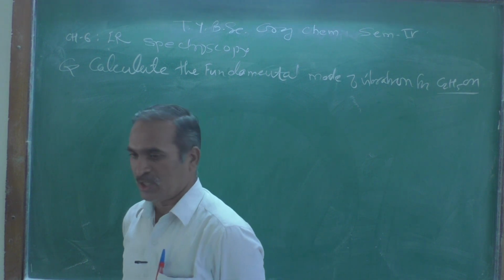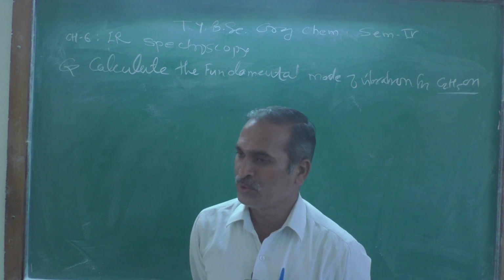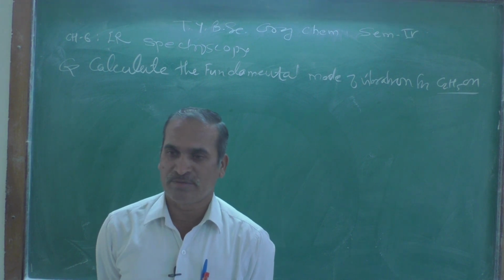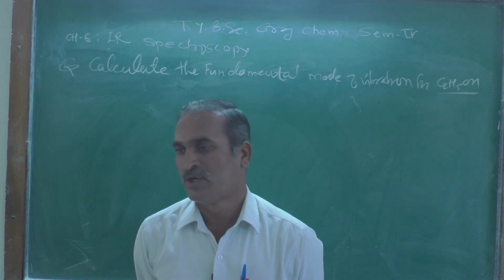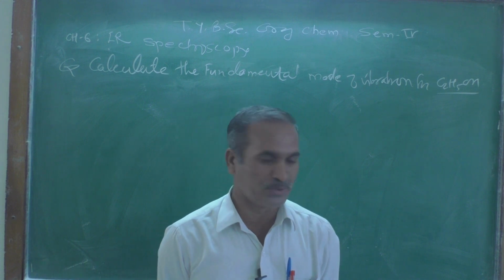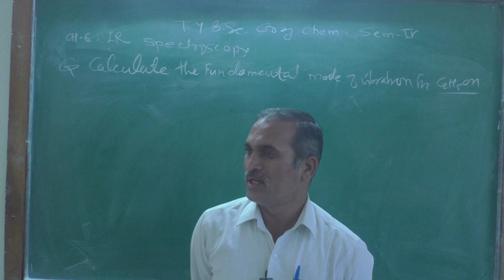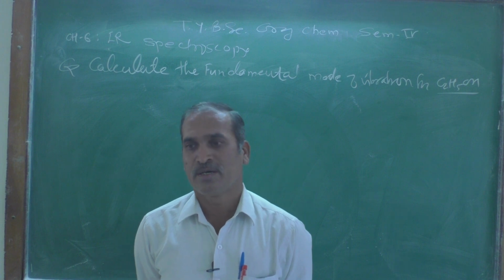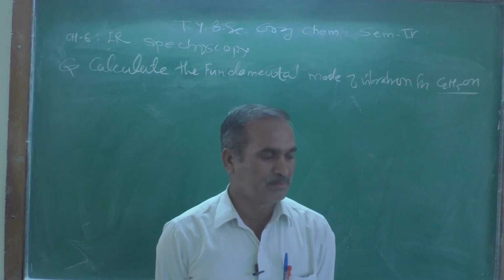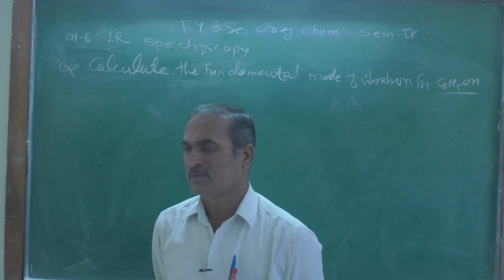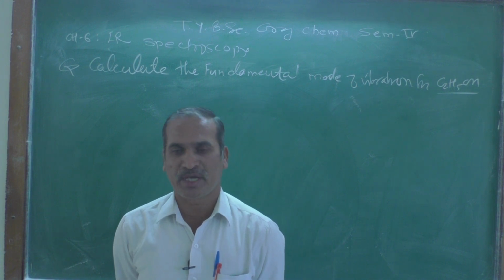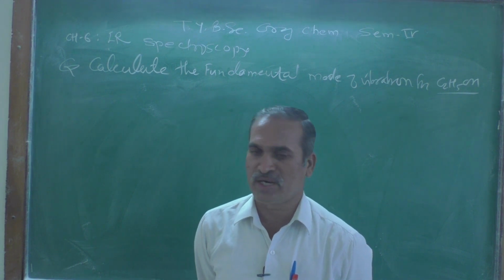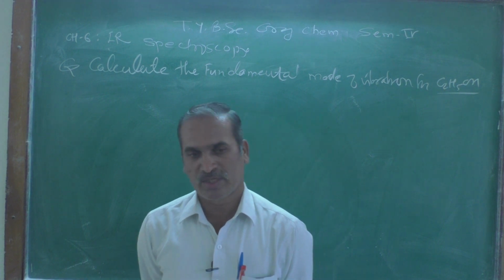If the geometry of the molecule is linear, then you can use the formula for the calculation of fundamental mode of vibration: 3n minus 5, where n indicates the total number of atoms present in the molecule, that you have to count and put there, and solve it. Whatever answer comes will be the fundamental mode of vibration for that molecule.